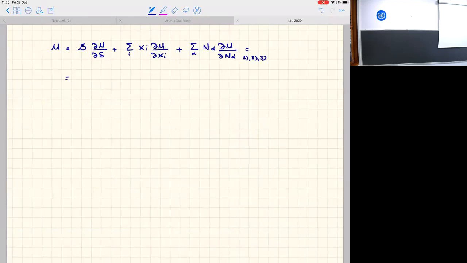I get that U is equal to S times T plus the sum over i of x_i y_i plus the sum over alpha of n_alpha mu_alpha. This is just a consequence of the fact that these are extensive variables.